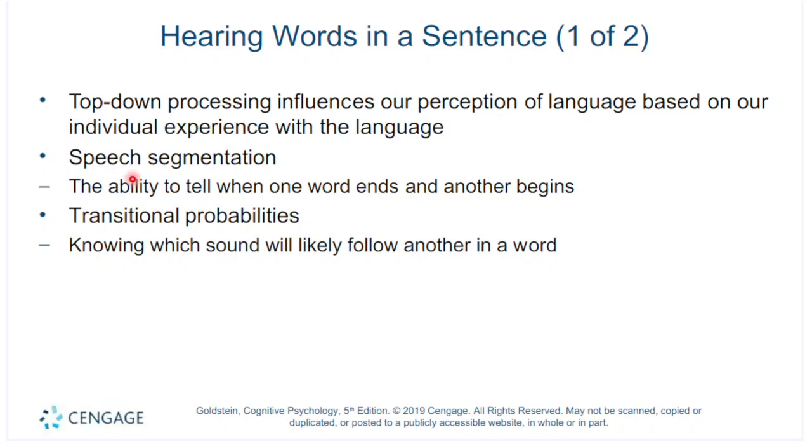So, the process of speech segmentation, this is the ability to tell when one word ends and another begins. So, kahit na mabilis siyang magsalita, 'di ba, napipick up natin kung ano yung sinasabi niya. A good example would be for rappers.